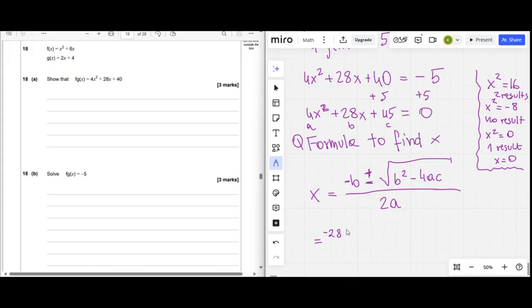Negative 28 plus minus square root of b squared: 28 times 28, 784, minus 4 times a being 4 and c being 45, 720, divided by 2a, and a is 4, so 8.